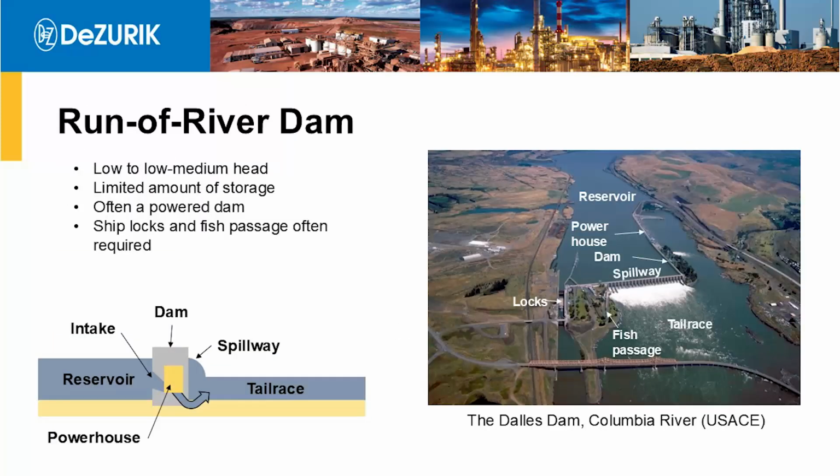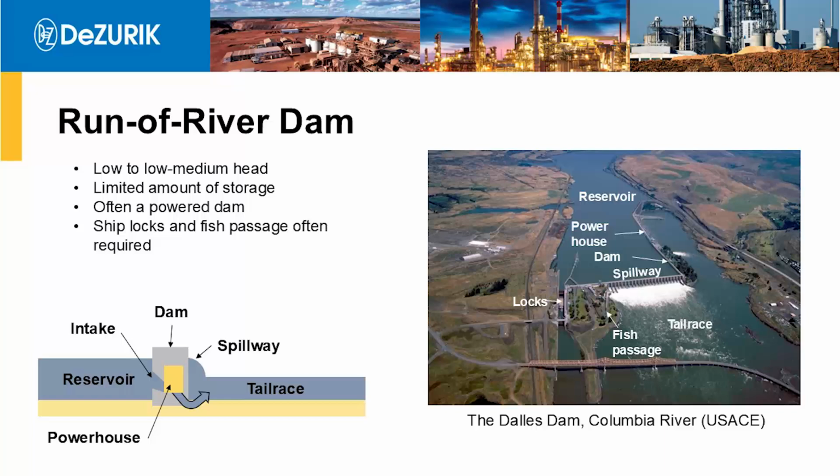So run-of-river dams, these are installed on most of the large rivers in the U.S. So the Missouri, the Columbia, the Mississippi, and they're predominantly Corps of Engineers facilities because the Corps' mission is to control flooding and to facilitate boat travel. So there'll always be a lock associated with a run-of-river dam.